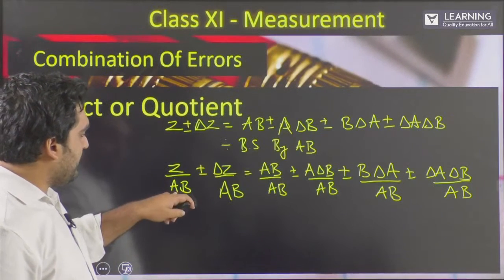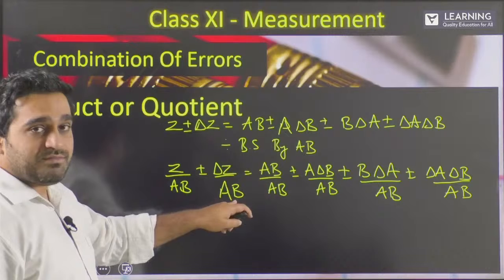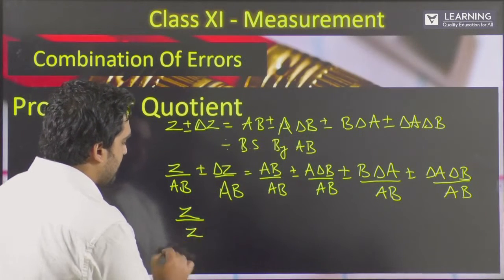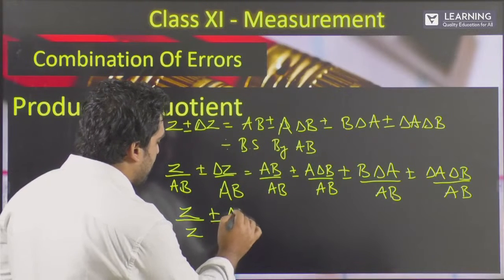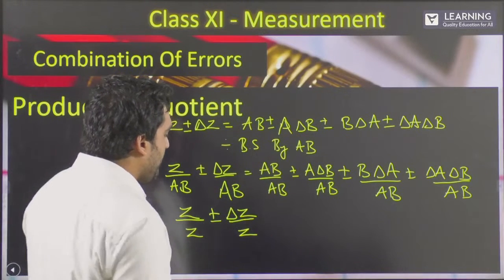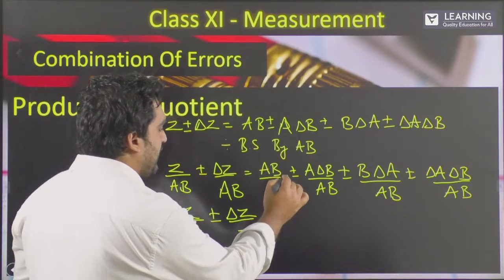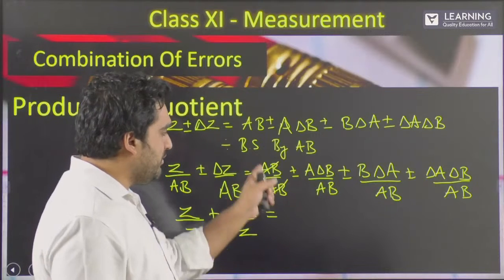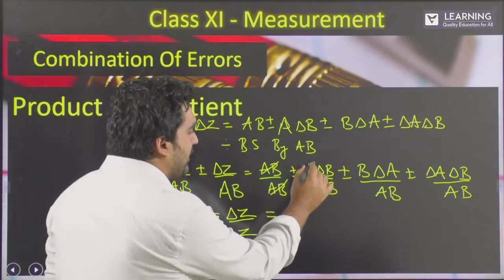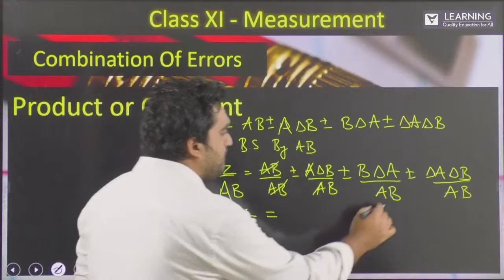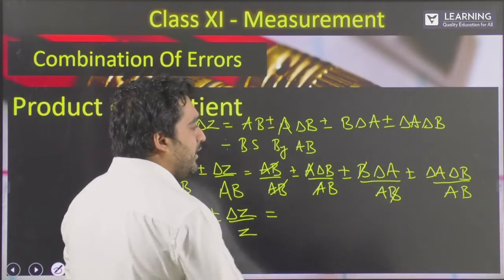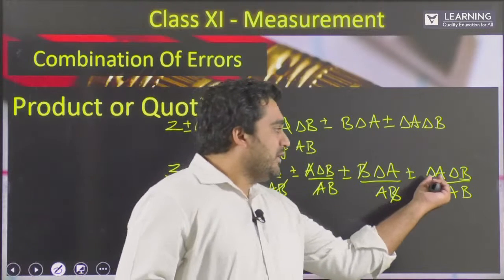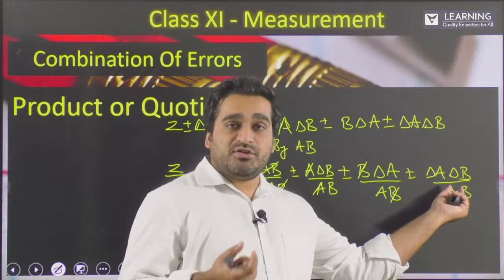So in place of AB, I can substitute Z. So Z by Z plus or minus delta Z by Z equals, AB cancels. A and A cancel here, B and B cancel.